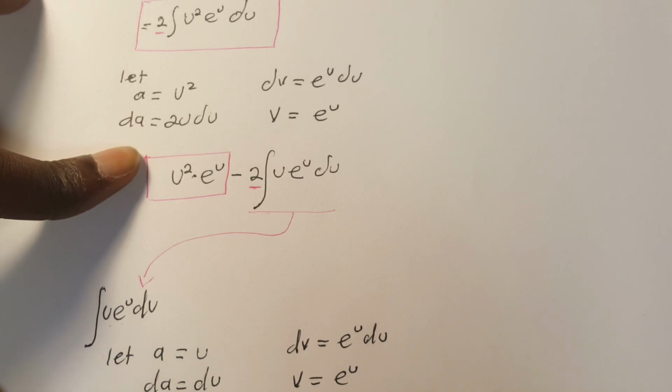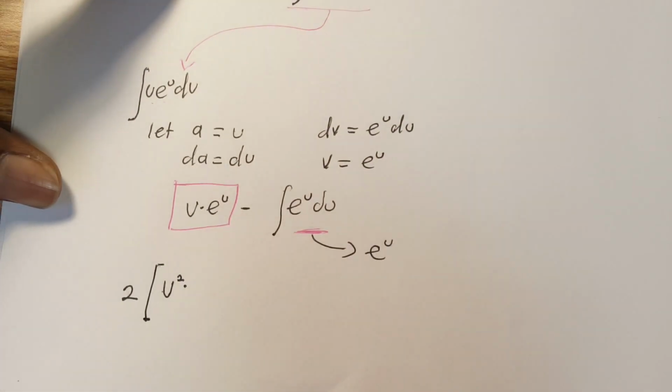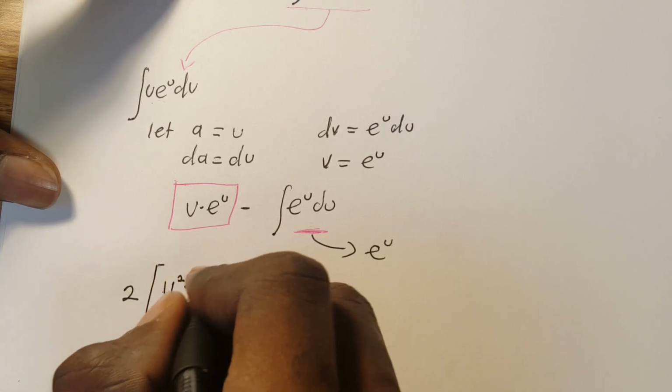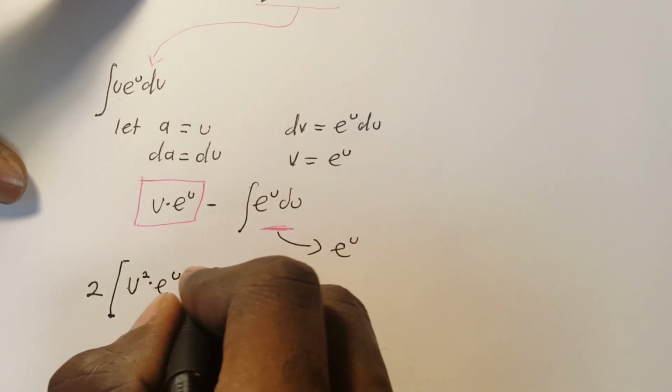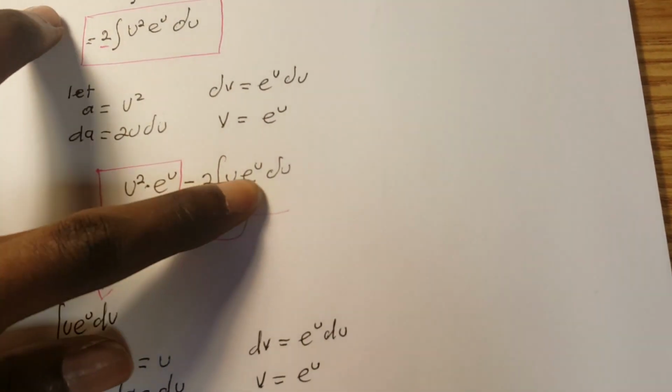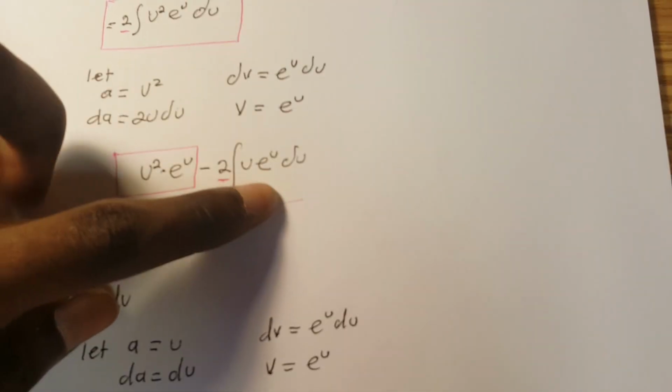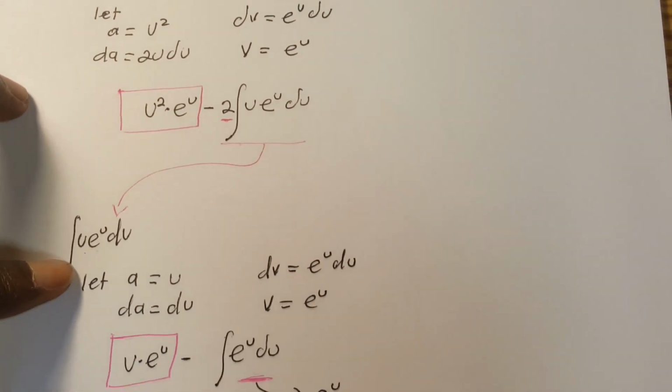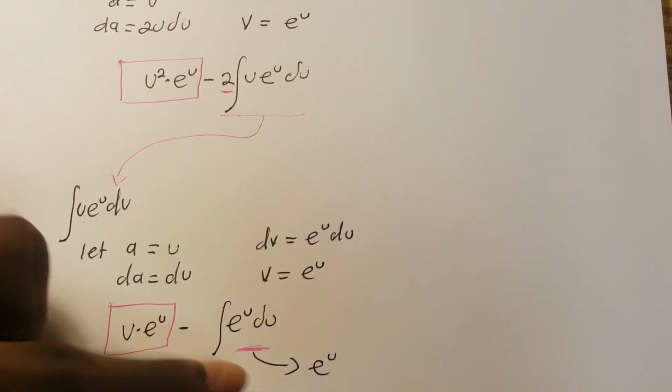So we're gonna have 2 out inside a big bracket, U squared e to the U minus this guy. But this guy has also been broken down into this guy and that guy.